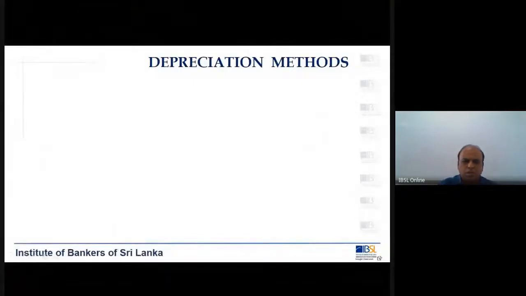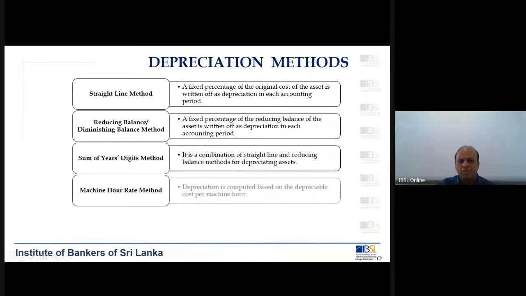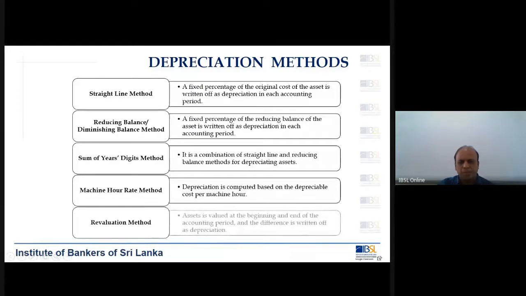Last week we looked at depreciation methods, and out of that we started off with the straight line method, and we looked at the example in the handout on the straight line method.